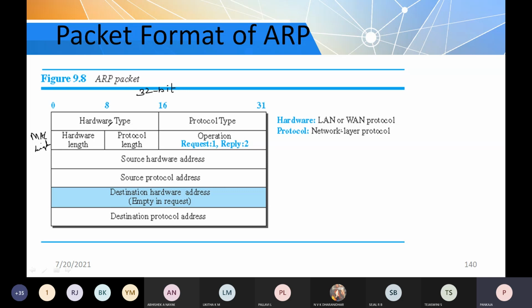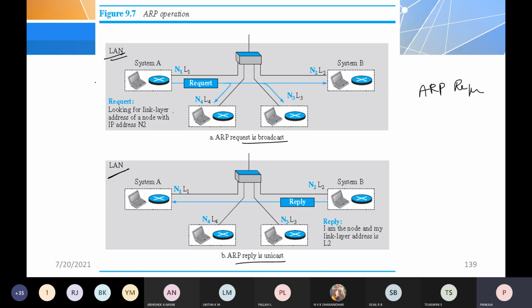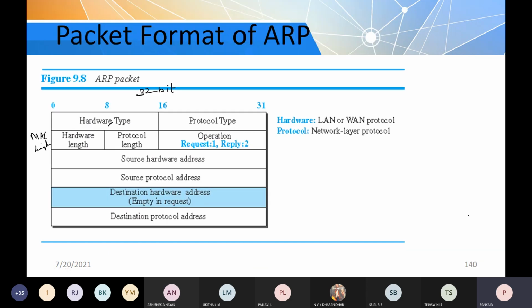Then operation: what type of operation it is performing, because we know that there are two types of operation, one is request and another one is response. So this particular packet belongs to what message? For that they have given numbering. If the field is filled with number 1, it indicates that it is a request operation.